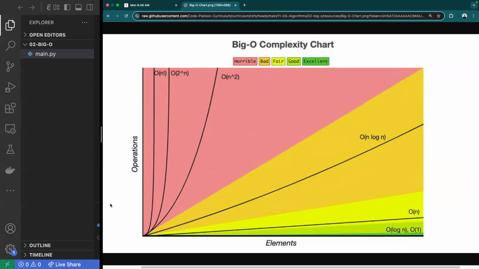And there will be some algorithms that you work with where O of n log n is going to be the best potential outcome that you can hope for. But O of n squared, O of 2 to the n, and then O of n factorial.